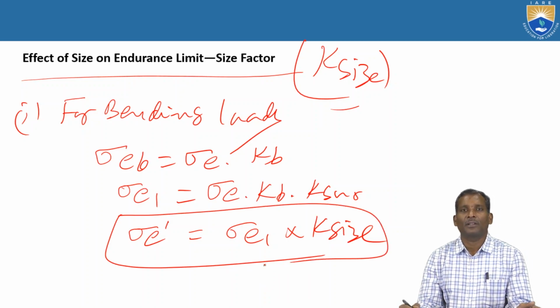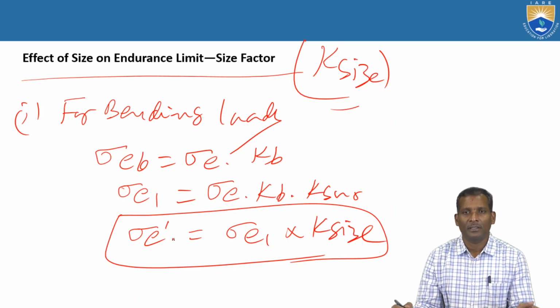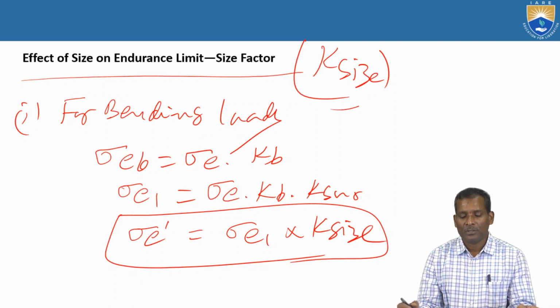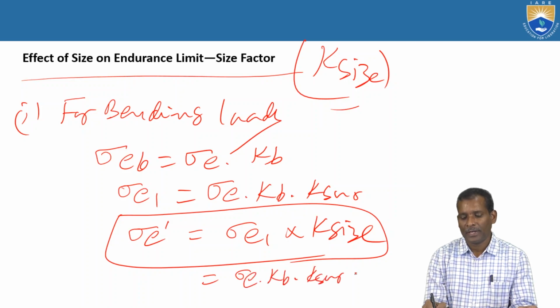It means sigma E into KB into K surface finish factor multiplied with K size factor.